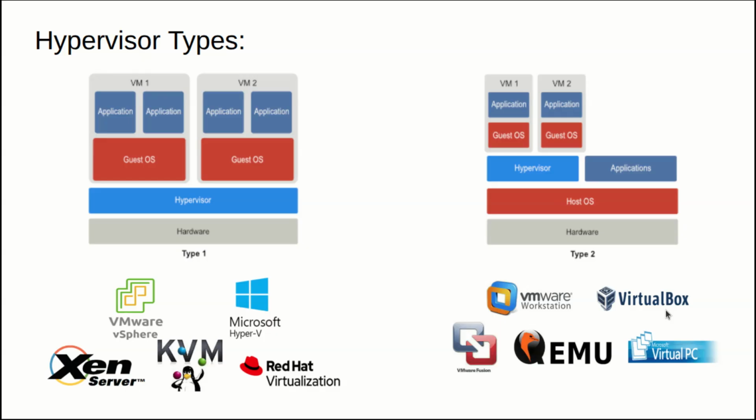You have your Windows PC, and in the Windows PC you enable the hypervisor, which is Hyper-V. On top of Hyper-V you install VirtualBox, and in that VirtualBox you have the facility of adding multiple operating systems as per your requirement. So this is with respect to type 1 and type 2 hypervisors.